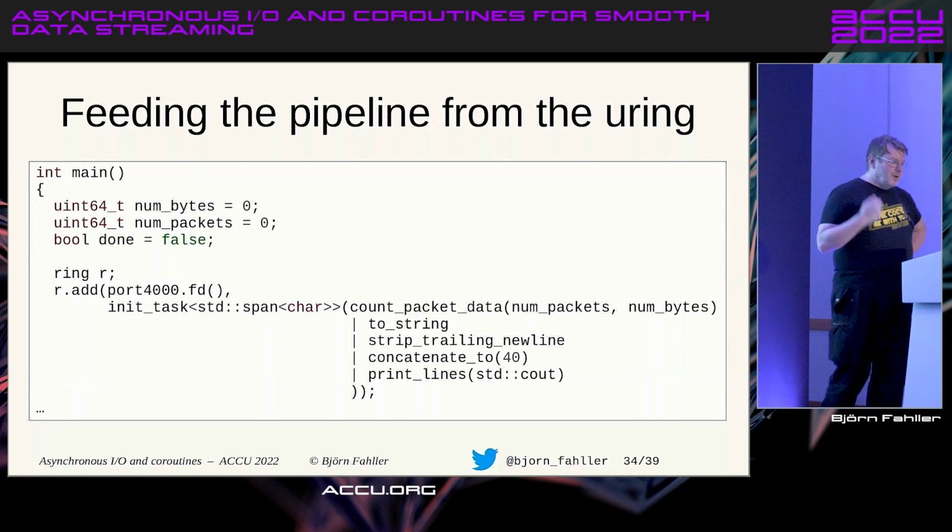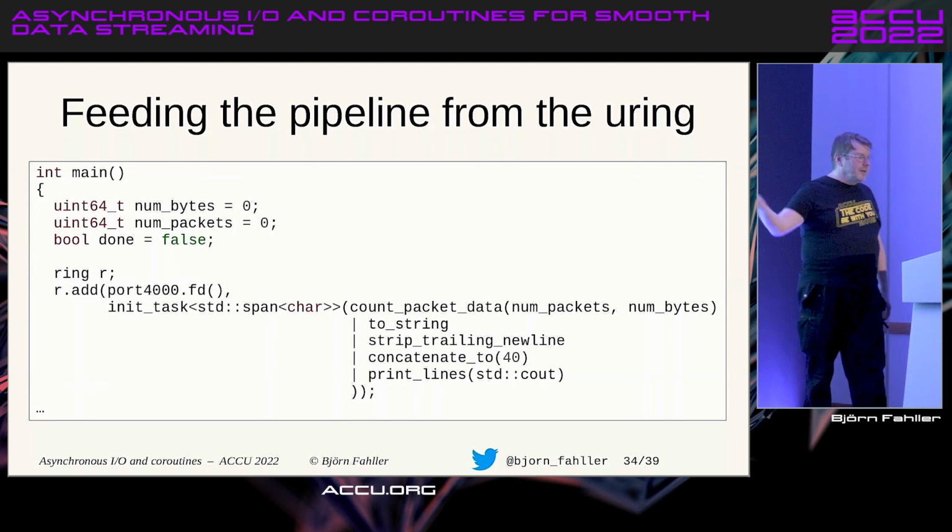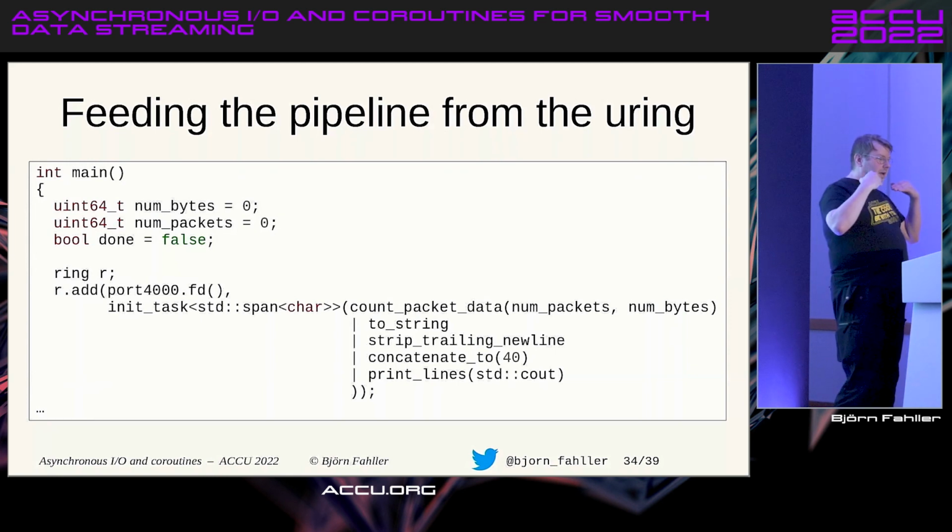But as horrible as that implementation is, we can now write this. Add to the ring the file descriptor for the UDP port 4000 on localhost, something that counts data, pipes to toString, pipes to strip trailing newline, pipes to concatenate to, pipes to print lines.